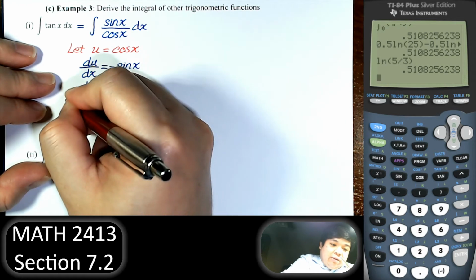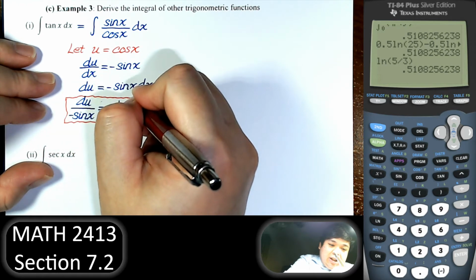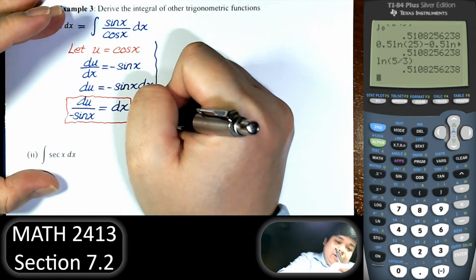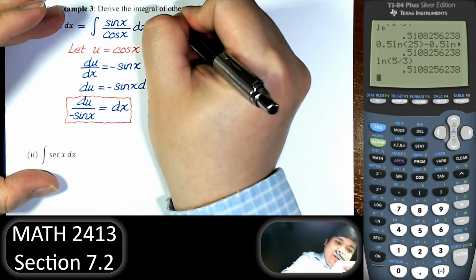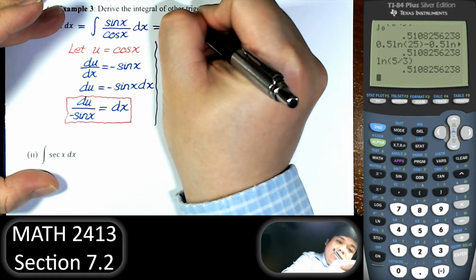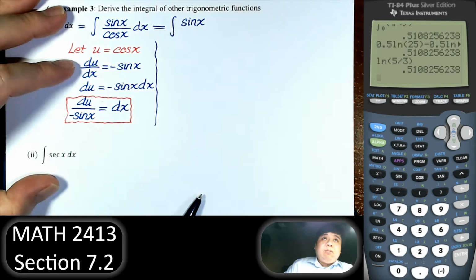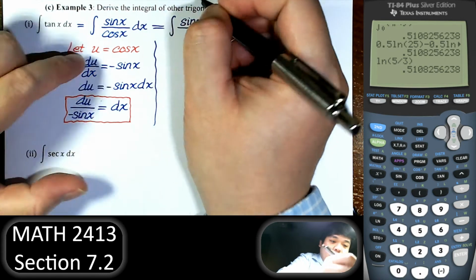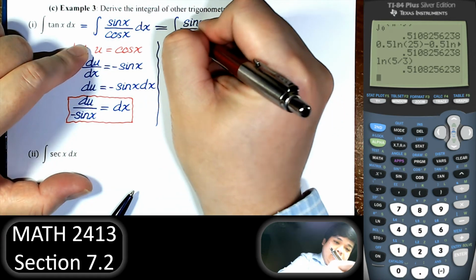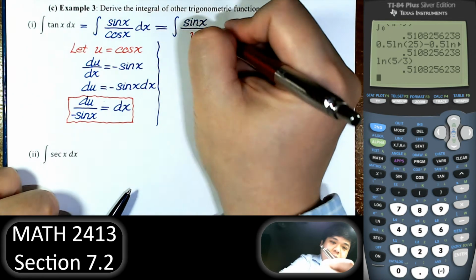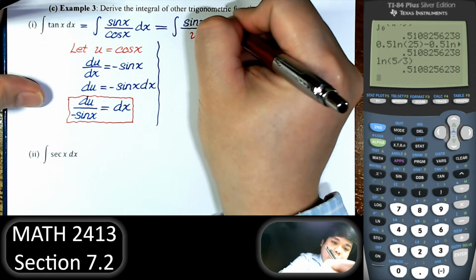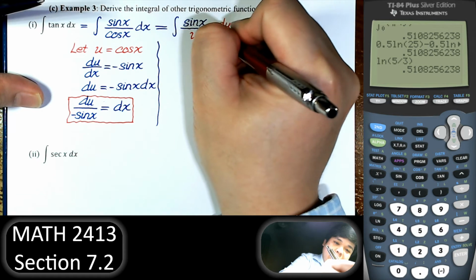After substitution, we just have u and then dx. Right. We can continue. Sin x on the top. At the bottom, cosine of x we let equal to u. And then dx, which is du over negative sin x.